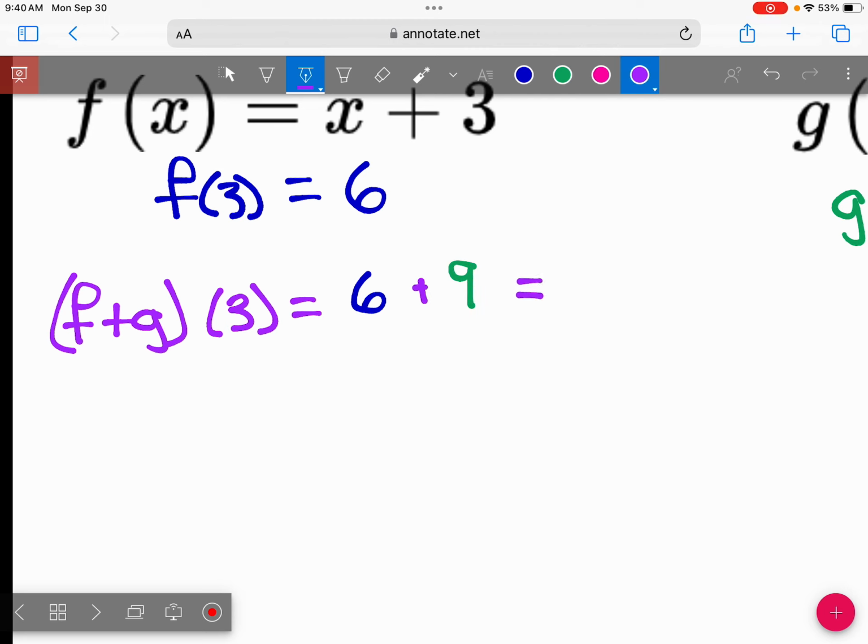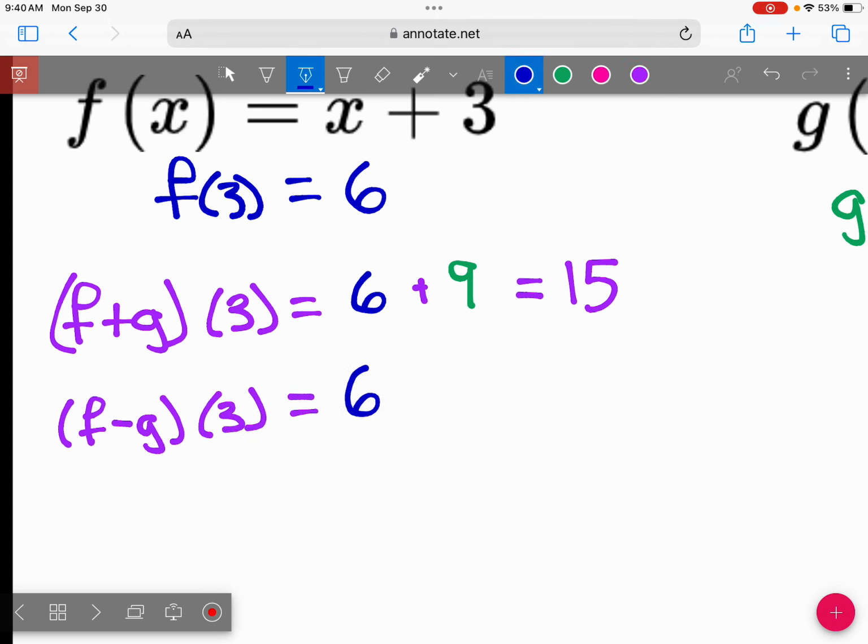So it's going to equal 15. When we do f minus g of 3, that's going to be our 6 minus our 9. And we're going to get negative 3.